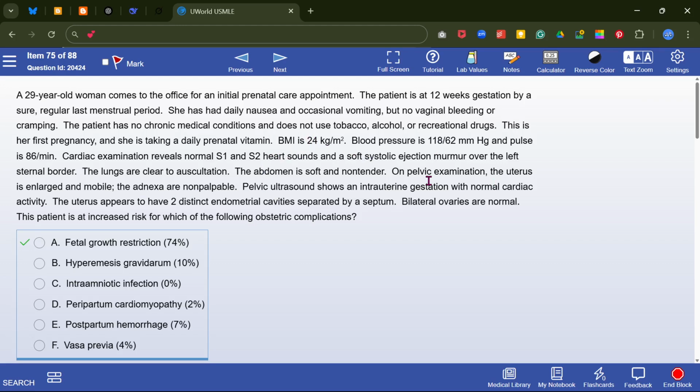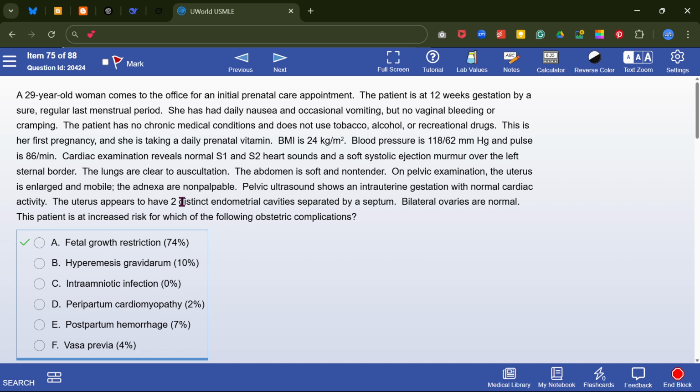On pelvic examination there is an enlarged uterus and the adnexa are non-palpable. A pelvic ultrasound shows an intrauterine gestation with normal cardiac activity.